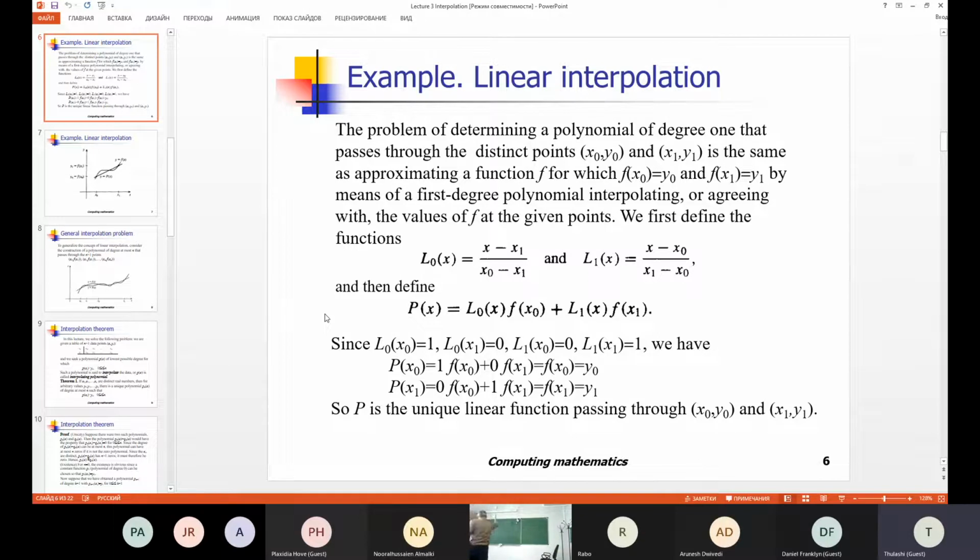The first column corresponds to point 0. The second column corresponds to point number 1, so x0, x1, y0, y1. Please find a polynomial of degree 1 that corresponds to this data.